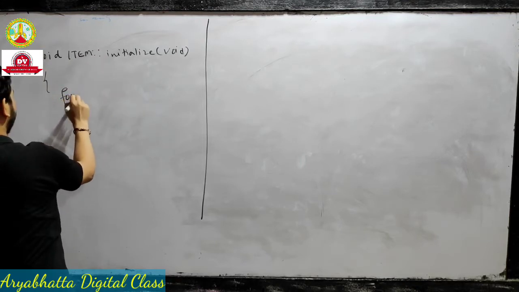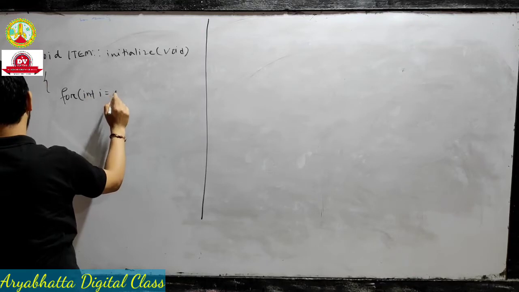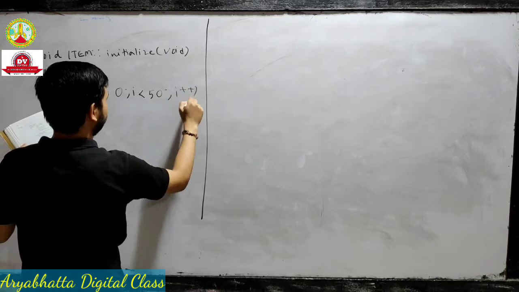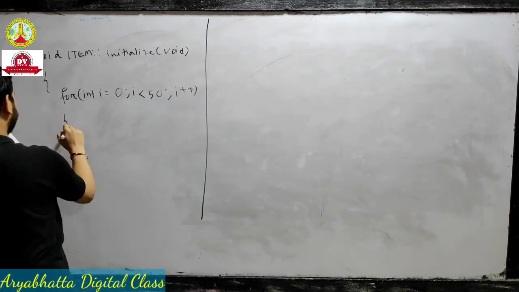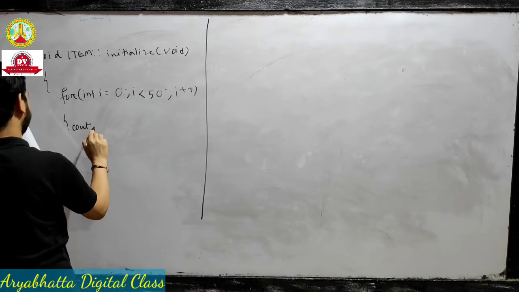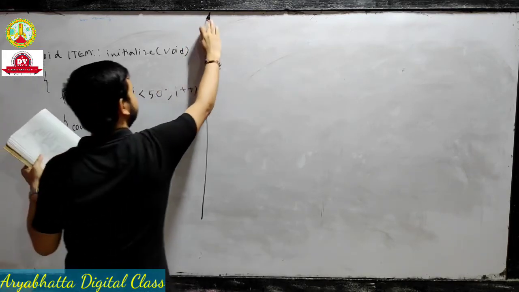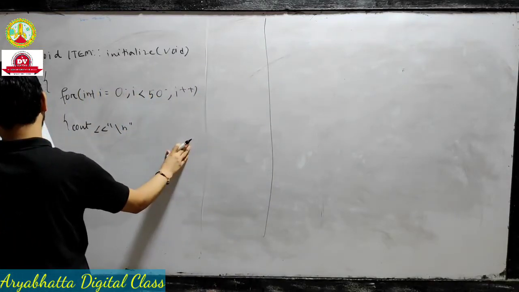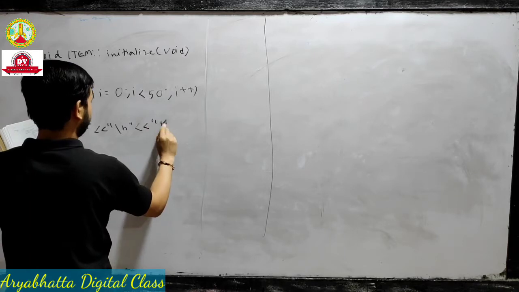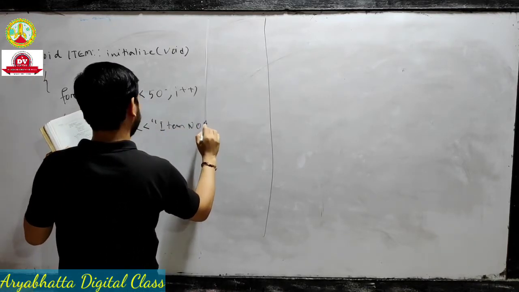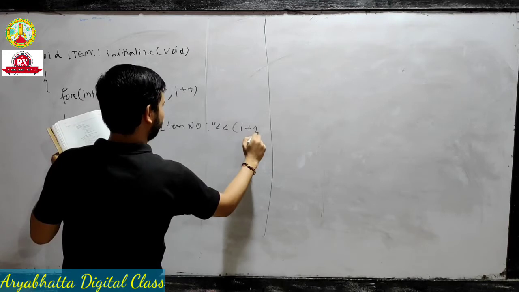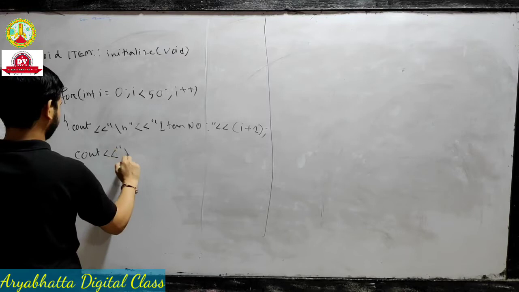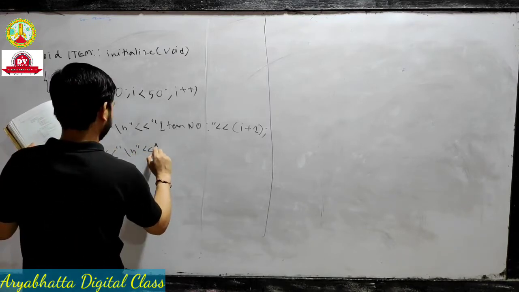Okay, after that we use a for loop, int i equal 0. I hope you all know the loop concept. This is a for loop. Cout \n item number, i plus 1. I will tell you why I write i plus 1 and \n.